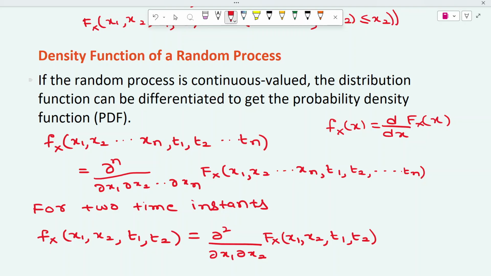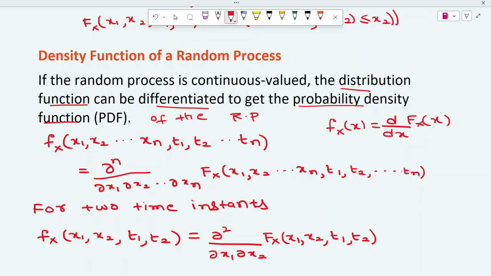In the same way, if the random process is continuous valued, if we differentiate the distribution function, we will get the probability density function of the random process. It is denoted, similar to the distribution function, by small fx of x1, x2 and so on up to xn at n different time instants t1, t2 and so on up to tn.